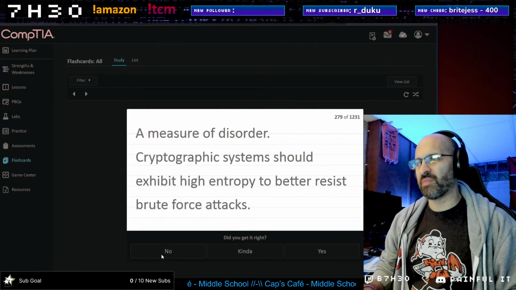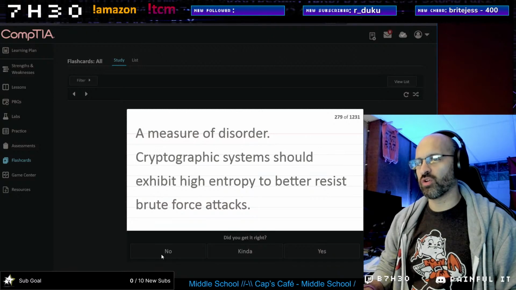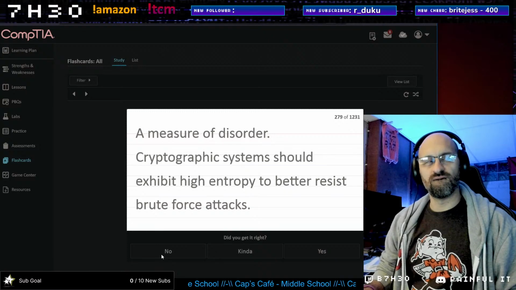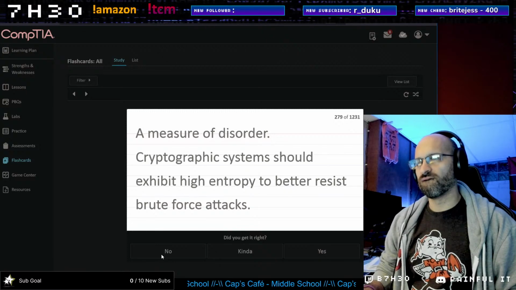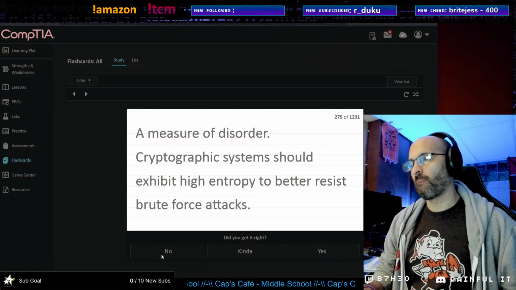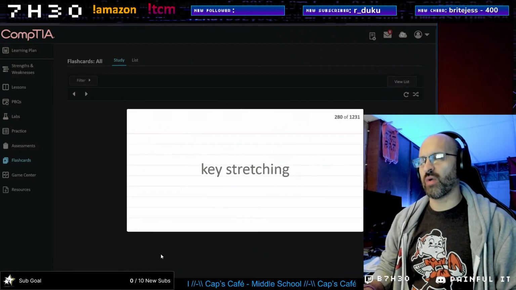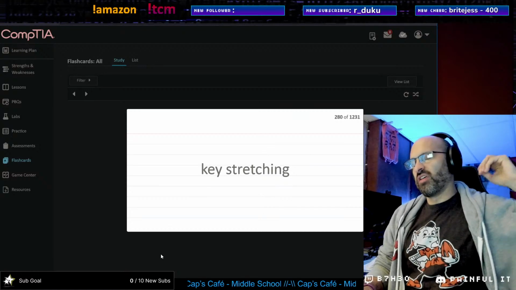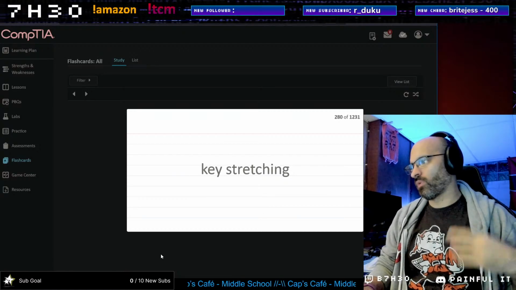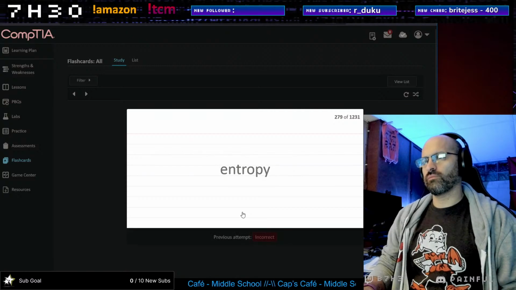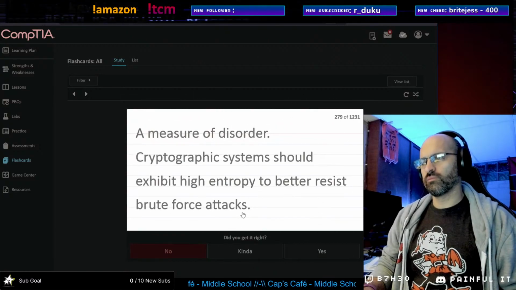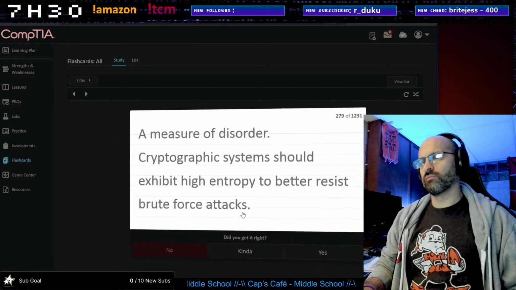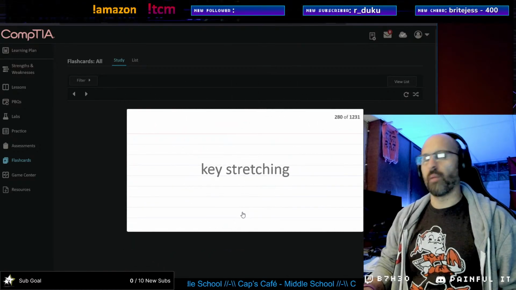Cryptographic systems should exhibit high measure of disorder to better resist brute force attacks. Key stretching. Oh, okay. This is when you keep adding hashes, basically so it doesn't look like words. Yep, got it. Nailed it.